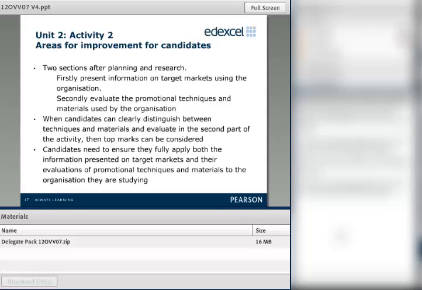But when the assessor had actually awarded 5 to 6 marks for presenting information and there wasn't a separate heading on that, it did cause issues with centres. So please be aware that there are 2 sections in addition to the planning and research for this particular activity.